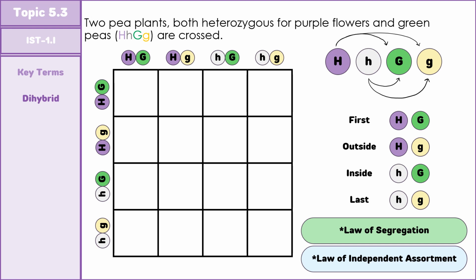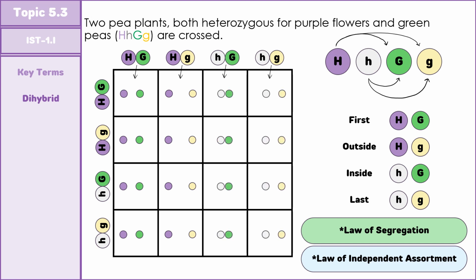So I've already gone ahead and set up the traits as associated with each of those gametes for parent 1 and parent 2. And so just like before, we're going to pull the traits down for each of our potential gametes, and we're going to pull them across for our other parent.